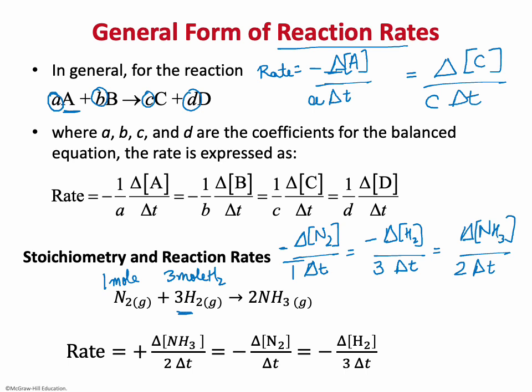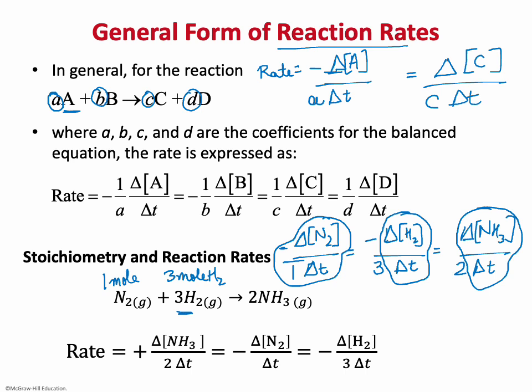So these are the relationships between all of them. This is the rate of disappearance of nitrogen, this is the rate of disappearance of hydrogen, this is the rate of appearance of ammonia, and these coefficients that you see, 1, 3, 2, are just helping you relate them to each other.